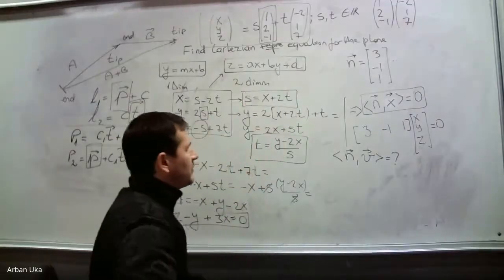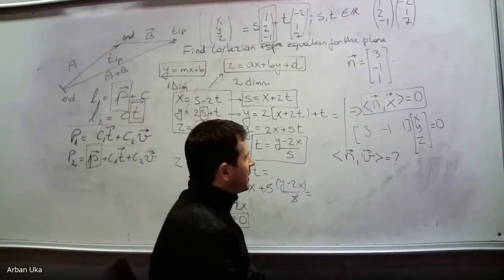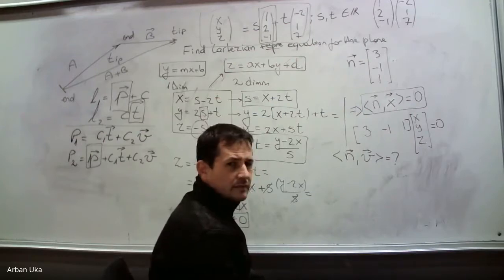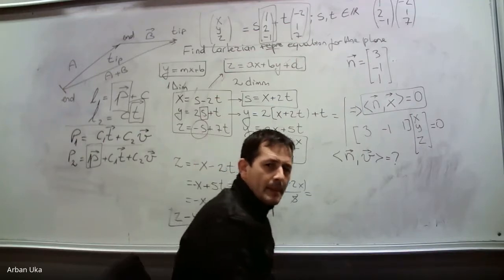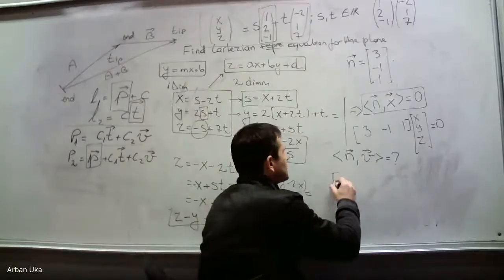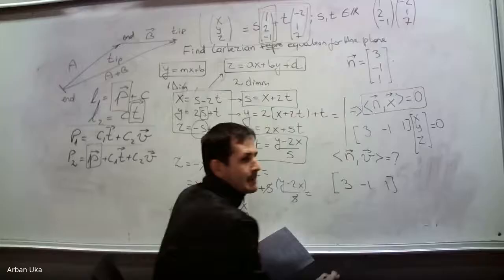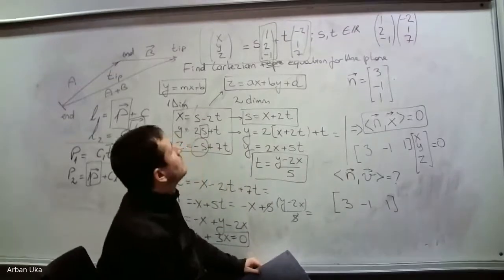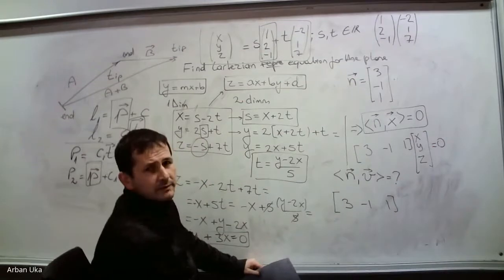Yes, I can see the table. Let me do the calculation. So you can speak, I can write them down. So n is 3, minus 1, 1, and v is, I cannot see the numbers. v is 1, 2, minus 1.